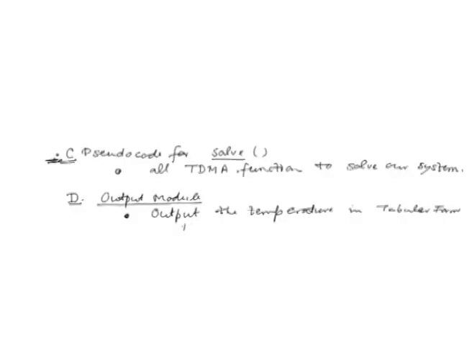Specifically, we would like our program to output node wise information. There is node number, x coordinate and temperature. So we would like to have this tabular form.